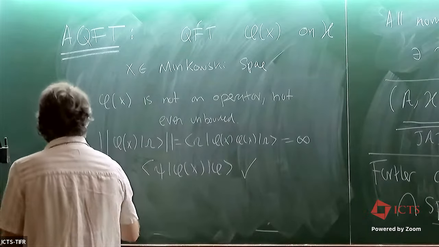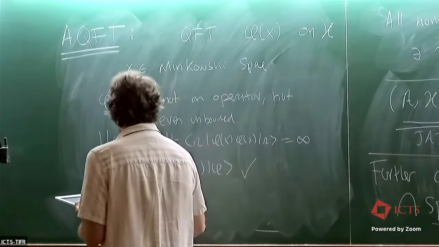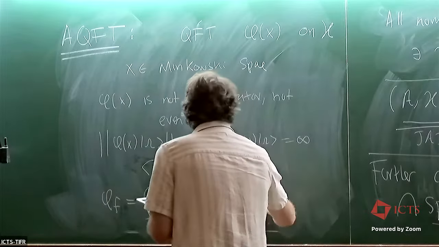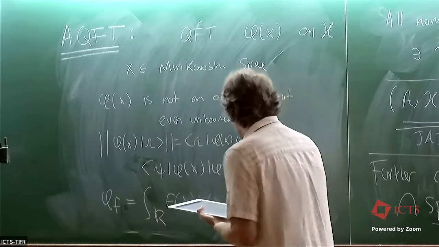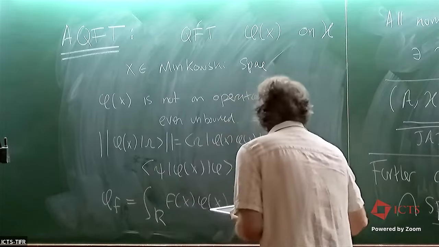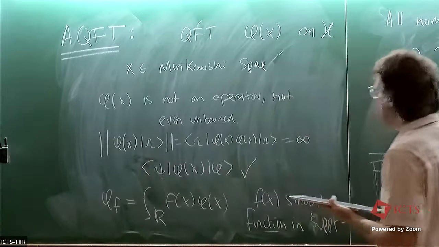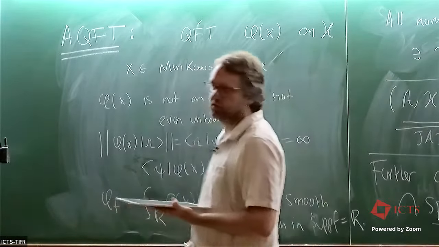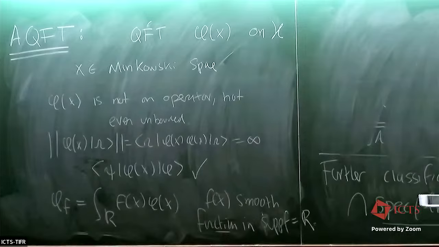So if I take phi and some function f defined on some region of Minkowski space, and I integrate it, and f is sufficiently smooth, with the support of f in some region R, then this is a good operator. It's an unbounded operator though.